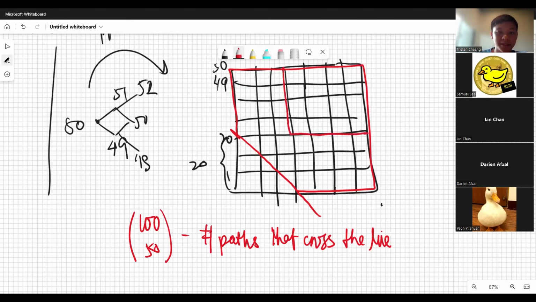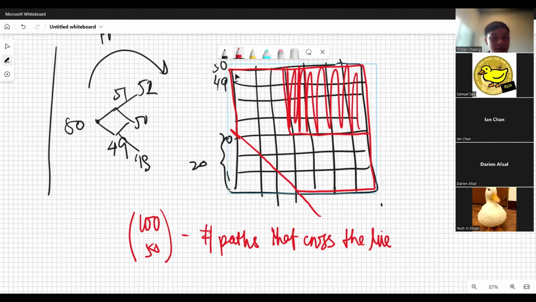We can just ignore this portion of the graph now. It must be here. So if the path crosses the line, so let's say like this, like that, like that, like that. So that will be a path that crosses the line.